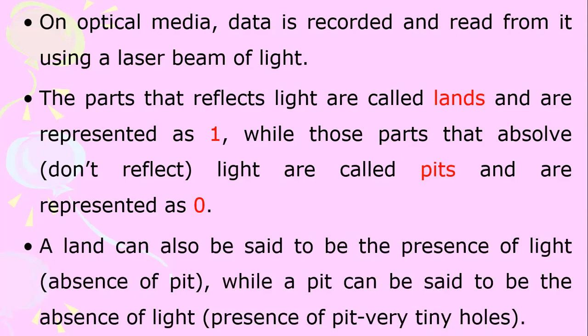A land can also be said to be the presence of light, that is, absence of pit, while a pit can be seen to be the absence of light, that is, presence of pit, very tiny holes.